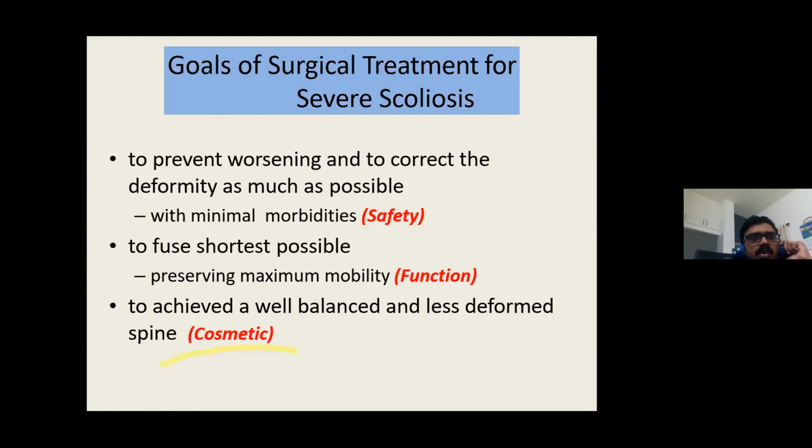Your aim is to make the patient balanced so that he has near normal function even though he is having a severe scoliosis. And one should always remember the adage that a child with scoliosis treated is also a child with scoliosis. This is very important when you manage rigid scoliosis.